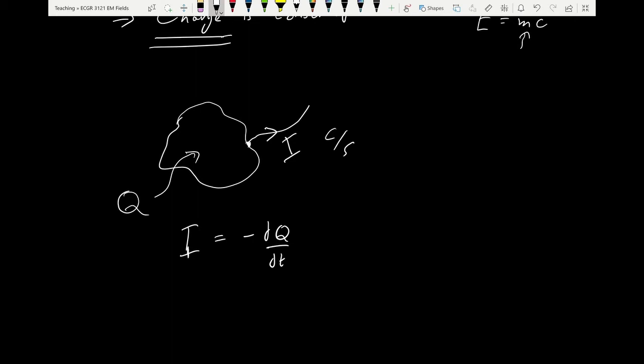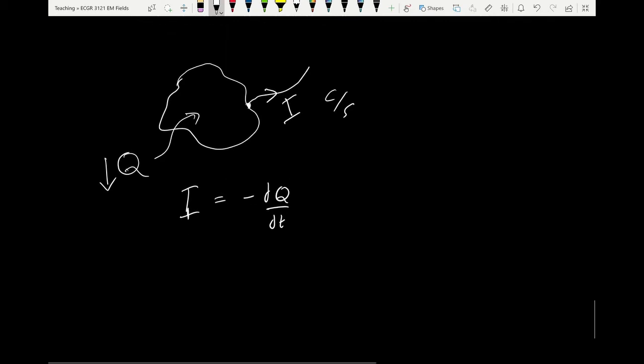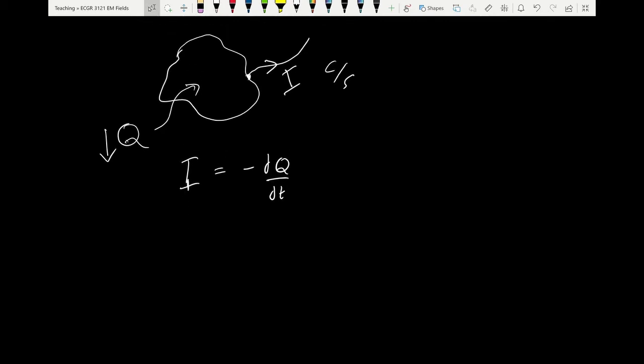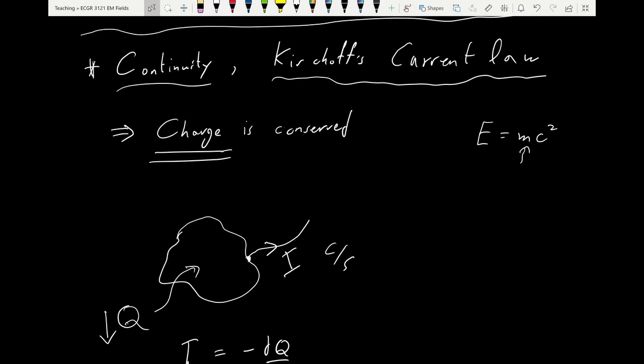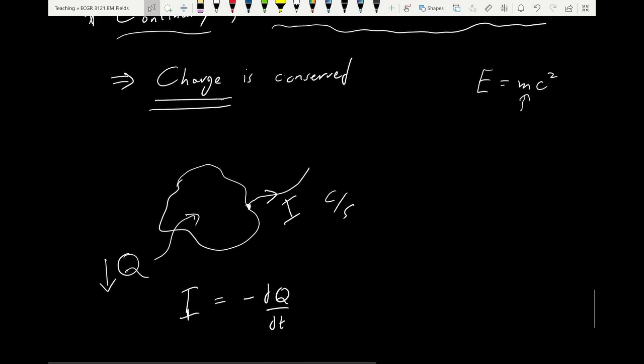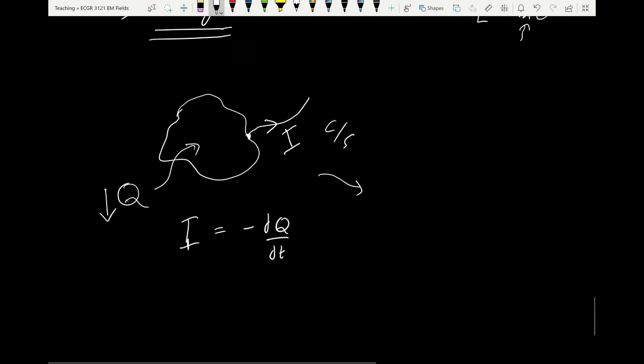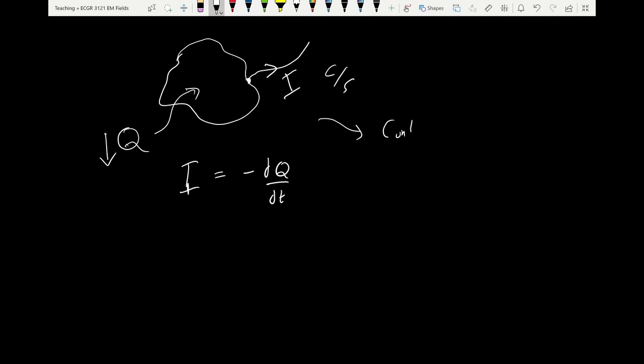If there's a positive current going out, this charge should be going down, because the charge in the region is being depleted by the current, and the rate of change of this total charge in the region, with a minus sign, should give me the current flowing out of the region, right? So this is called continuity, and this results in what's called the continuity equation, which we will derive.